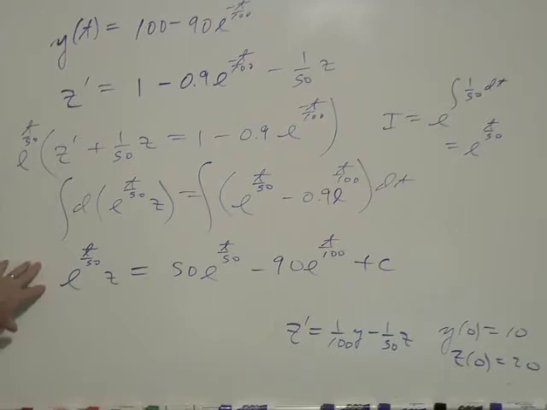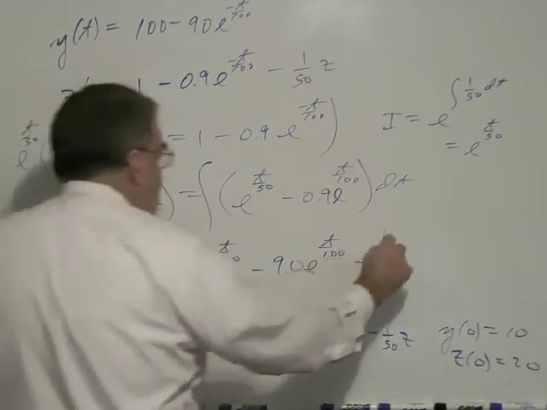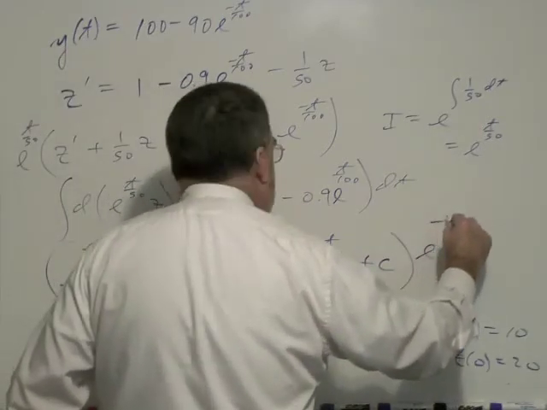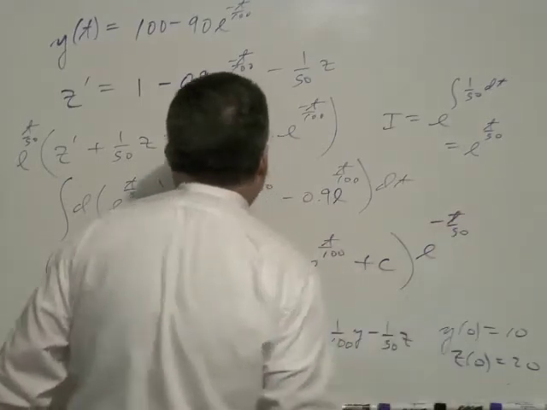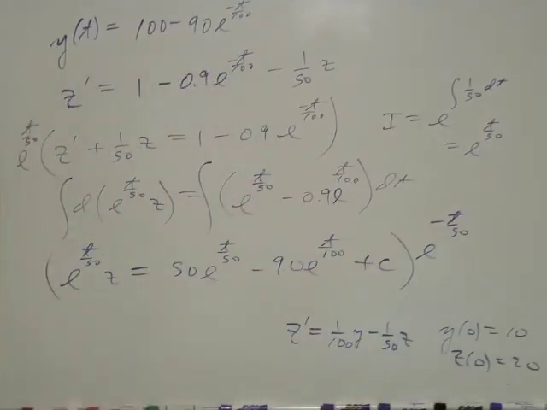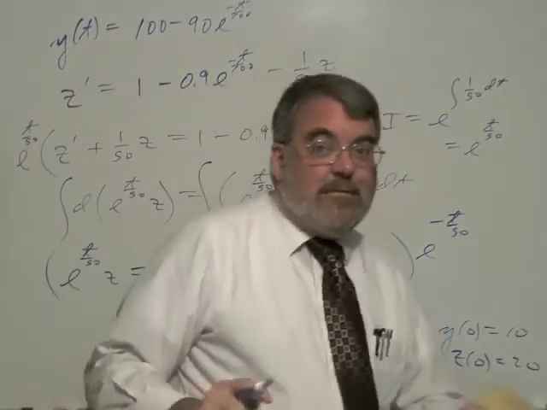I'm going to multiply everything by e to the negative t over 50 so we can isolate z. And let me do a little bit of erasing here.